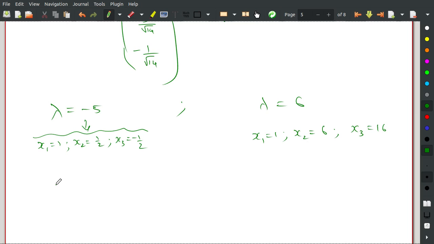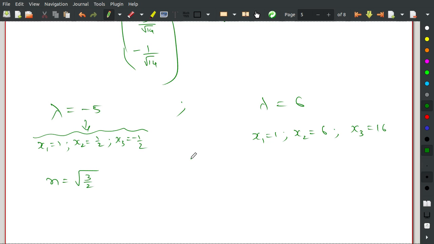And the normalization factor for this vector is n equals root 3 by 2.